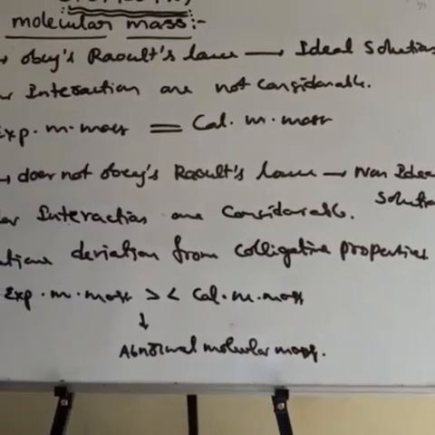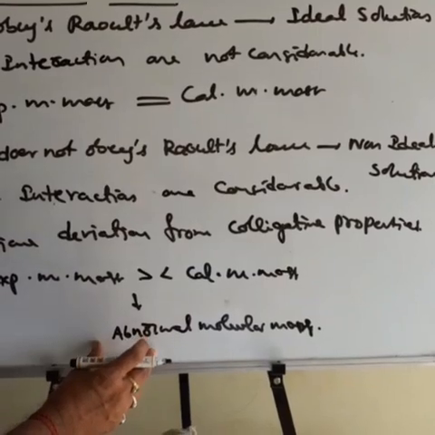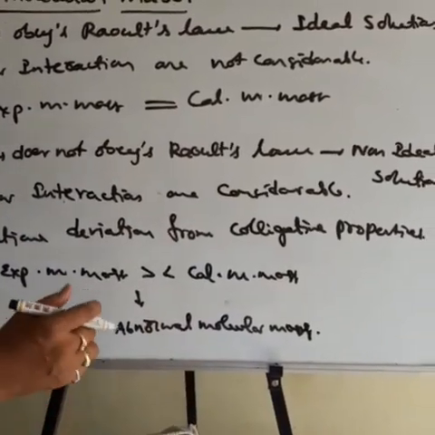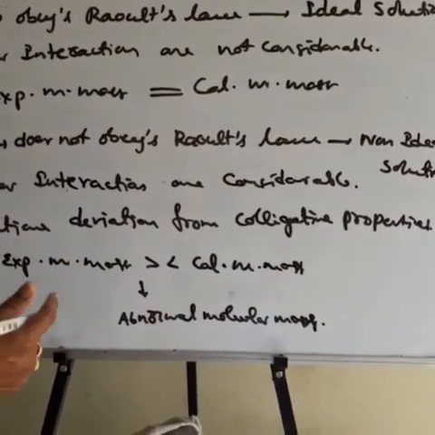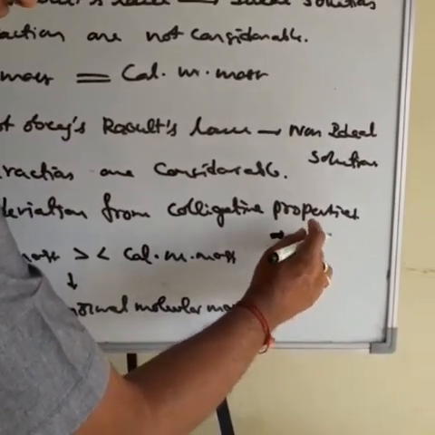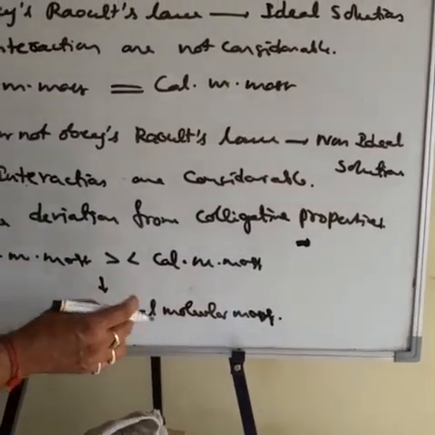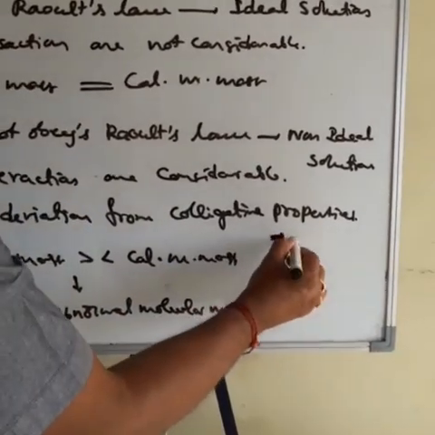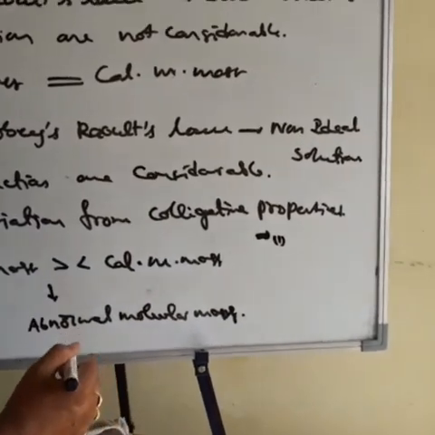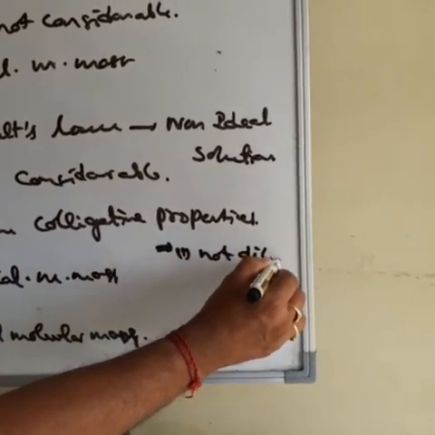Next, the solutions which show abnormal molecular mass have the following conditions. First, the solution is not dilute.